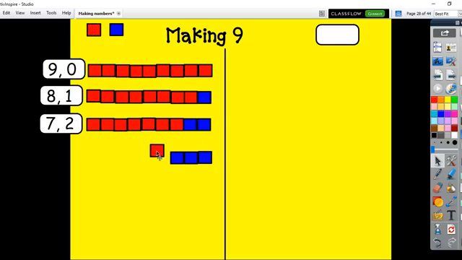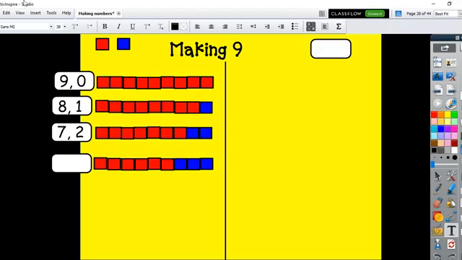So 3, this is going to be 4, 5, 6, 7, 8, 9. So I'm going to count just the red squares now. 1, 2, 3, 4, 5, 6. So 6 red and 3 blue make 9. So I'm going to go ahead and put that over here. So we have 6 and 3 make 9.